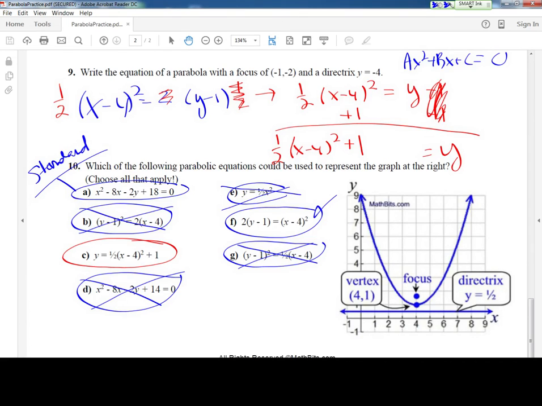They went from highest to lowest: squared, first degree, 0 degree. This one is written in vertex form. And this one is your focus-directrix form.